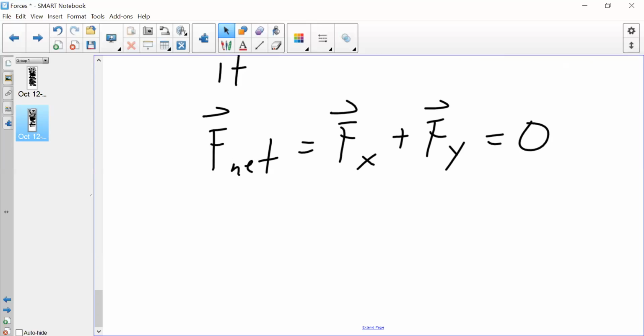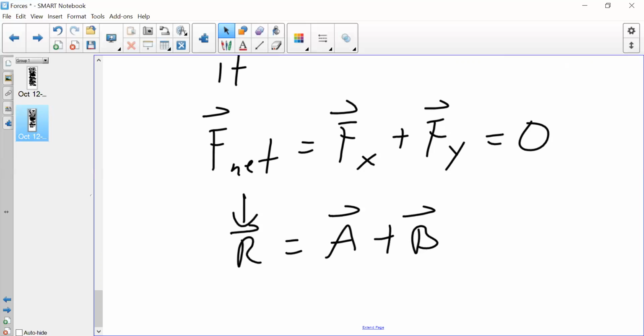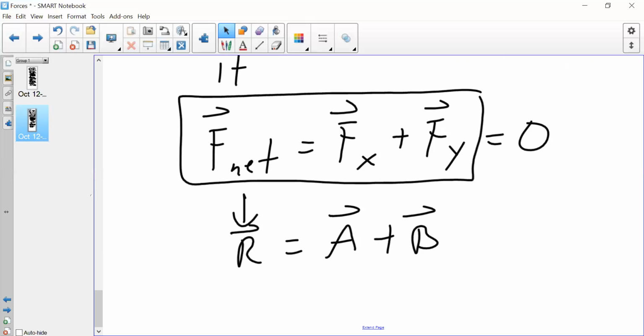Just like if we went back to our vector discussion, we were talking about the resultant vector R being equal to A plus B. The logic is the same here. This is the physical representation of this abstract concept.